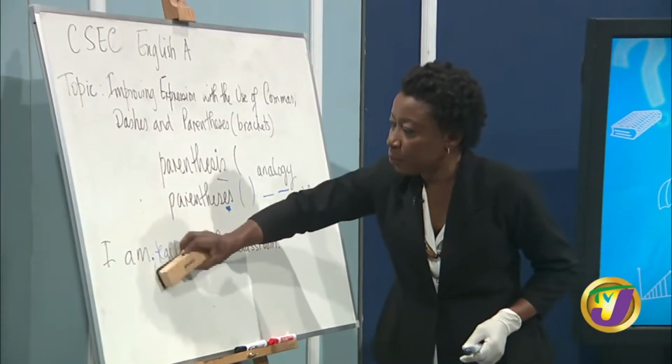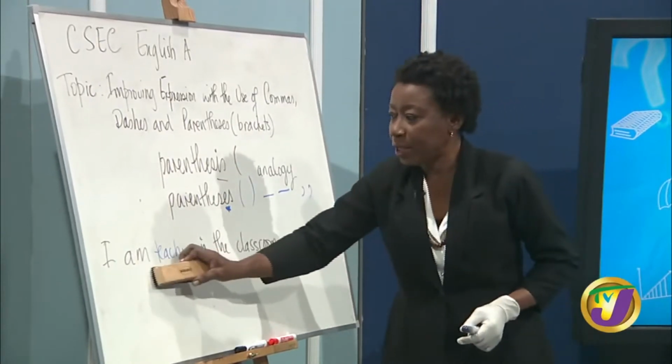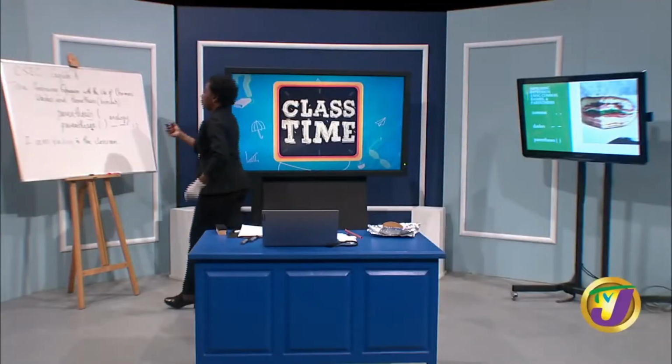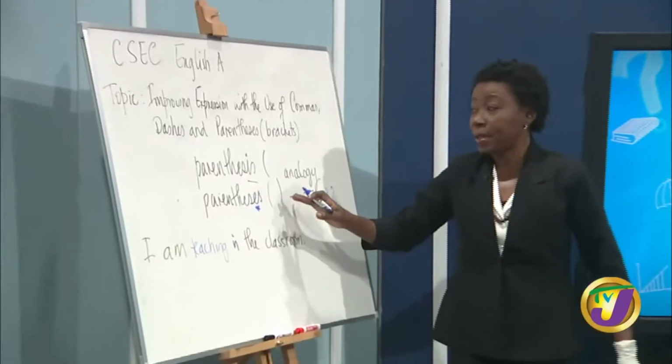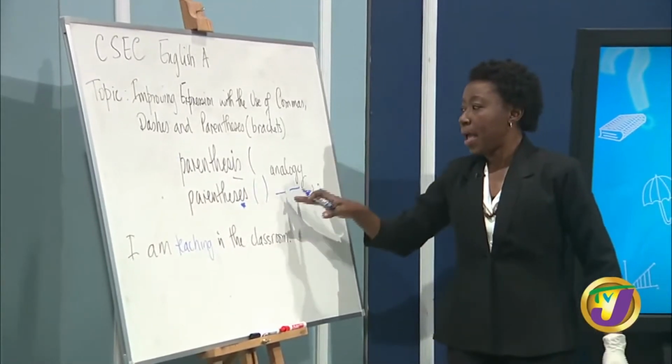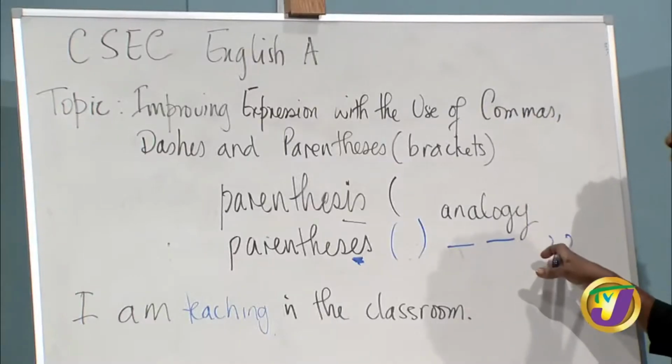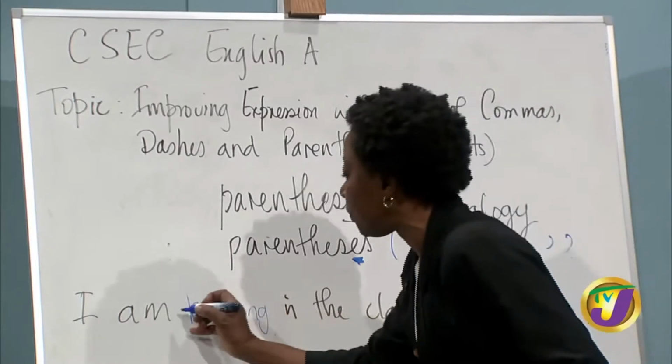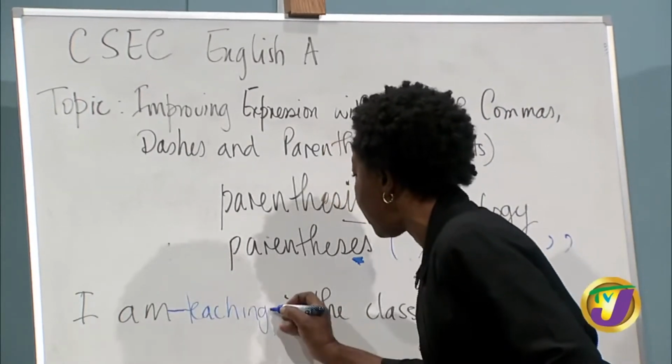And we have certain marks that we use to do that. So then, I add the parentheses, I had the dashes, I had the commas, and now I'm going to put in the dashes. So you'd have the dashes like this.